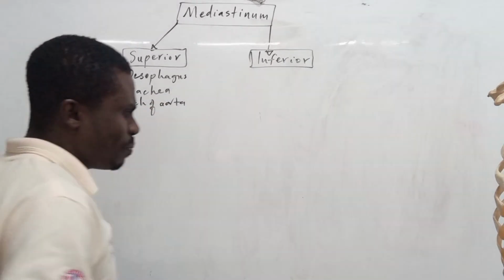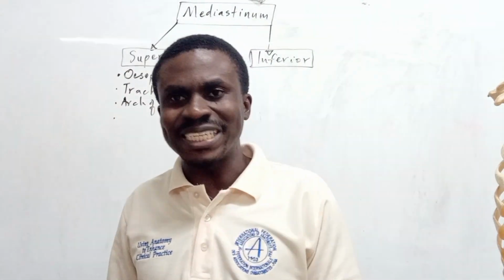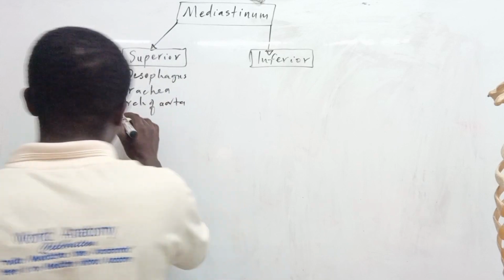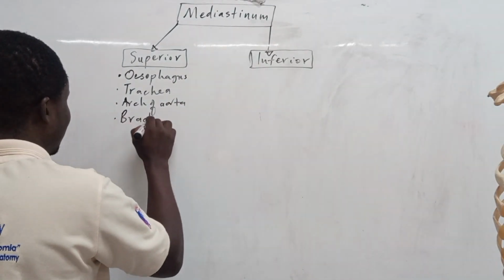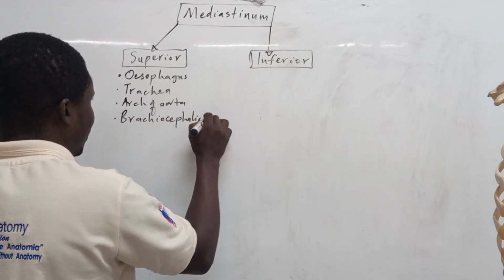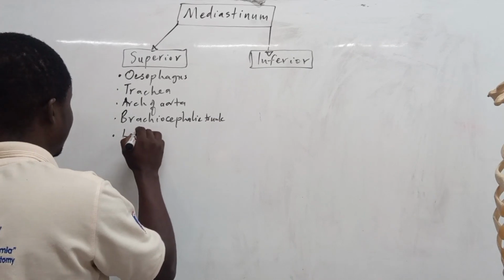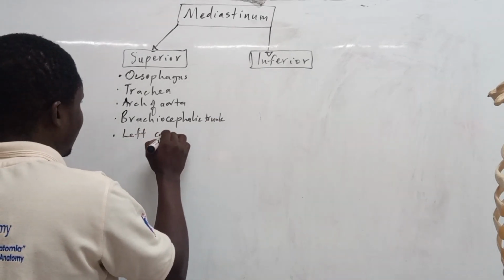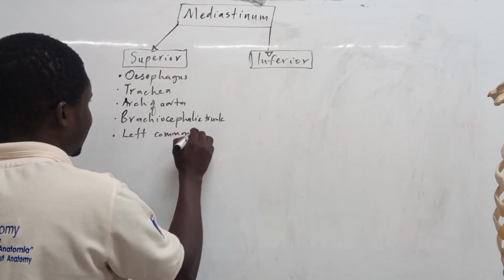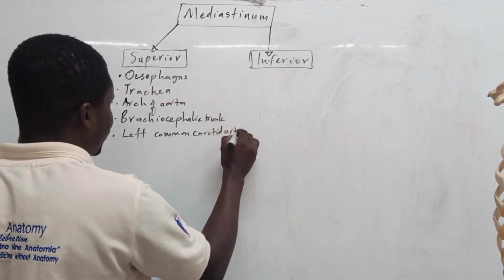So I'm talking about the arch of aorta, and not only that, the 3 main branches which will be coming from the arch of aorta. If there are no anatomic variations, we are talking about the BCS branches. The B, we are talking about the brachiocephalic trunk. We are talking about the left common carotid artery.